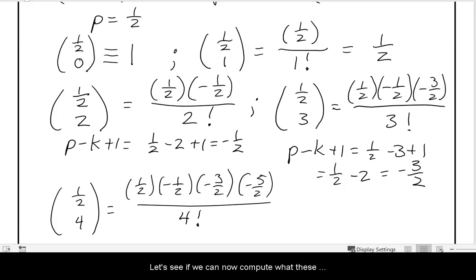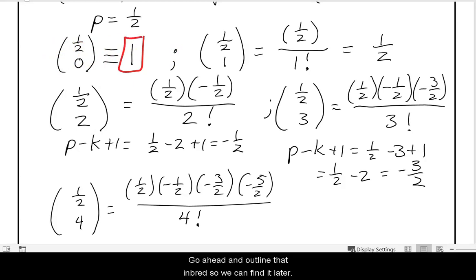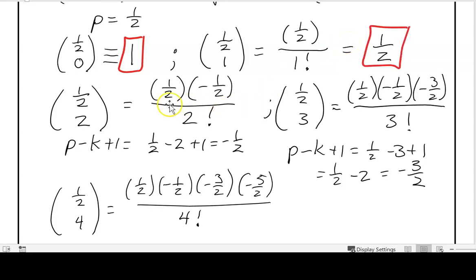Let's see if we can now compute what these constants are. For the first one, we're done. It's just 1. We can go ahead and outline that in red so we can find it later. For the second coefficient, it's just 1/2. It's done as well. The third one is not done.